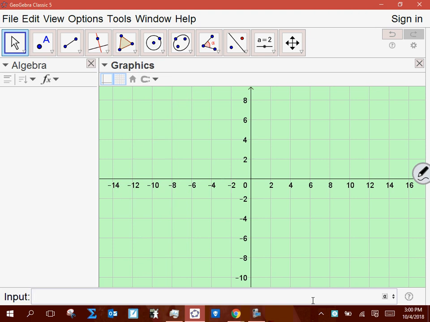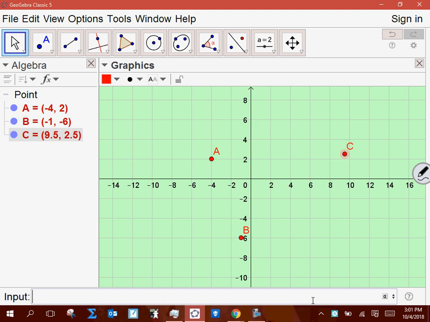If I give you this information, if I say point A is at -4, 2, B is at -1, -6, C is at 9.5, 2.5, and D is at -14.5, -6.5.